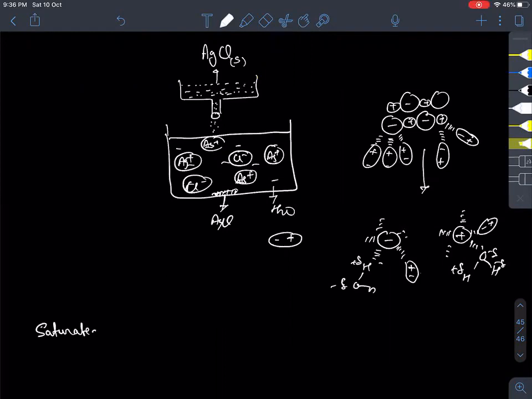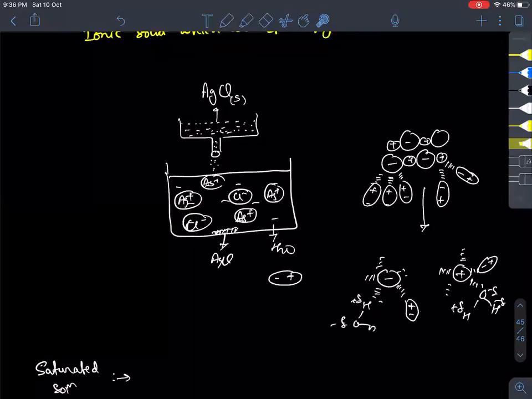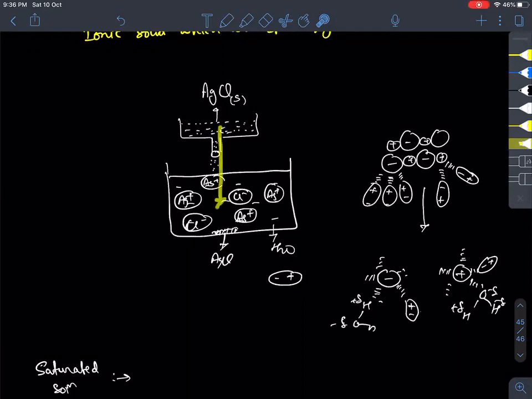What is a saturated solution? A saturated solution is that stage of dissolving a solute in a solution up to the point where it keeps getting dissolved. After that, it will form a precipitate.